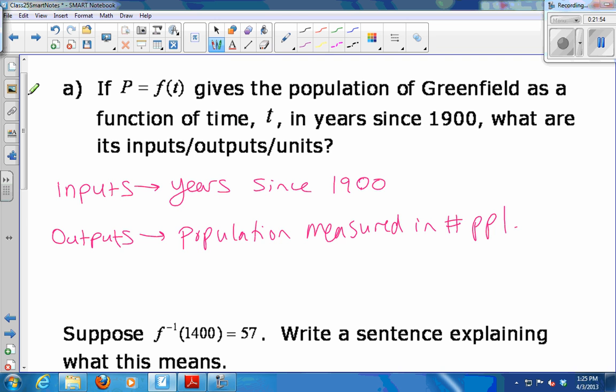What is that assumption? That the population is always increasing. Or always decreasing, yeah. We're assuming that the population hasn't oscillated at all, right? Either it's always increasing, which is more likely, or always decreasing.